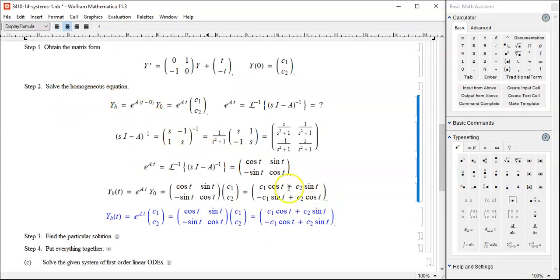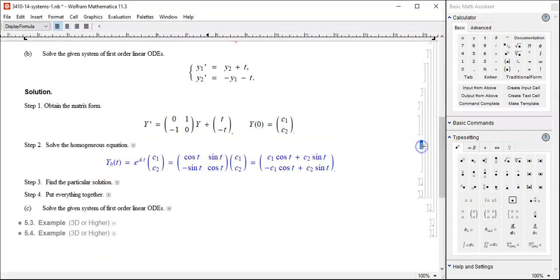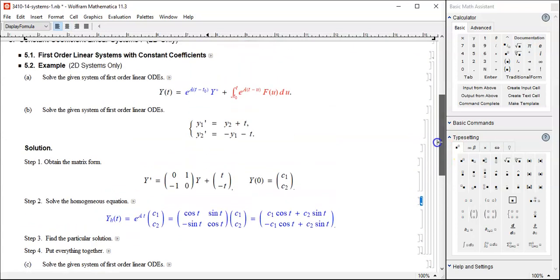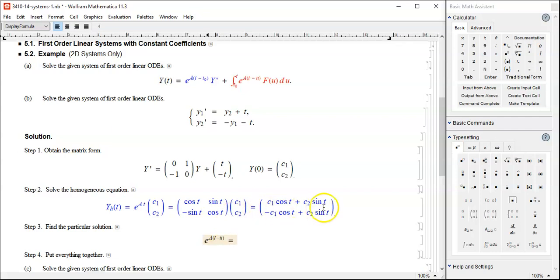Okay, we did all these here. All right, we have it. Now let's go to step 3, and step 3 is this. We need e to the A times (t minus u), and this one is e to the A t power.